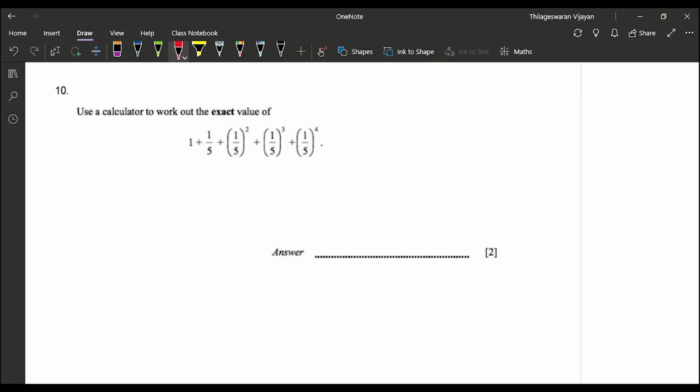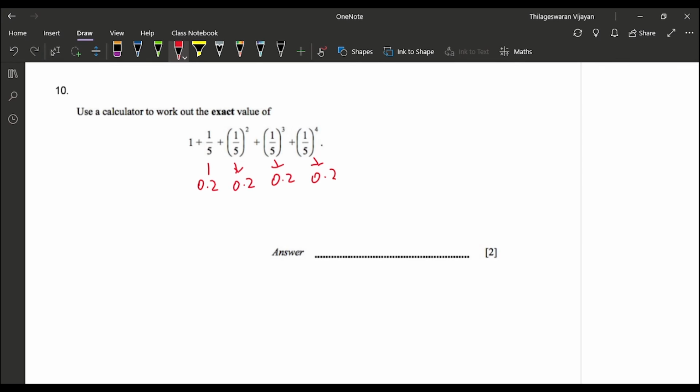Use a calculator to work out the exact value of the entire thing. Again, as I mentioned earlier, try not to use fractions if you can find a simplified version or decimal of that value. I prefer to put decimals in my calculator. It's just a matter of preference. If you're okay with putting fractions in, just fine, go ahead.